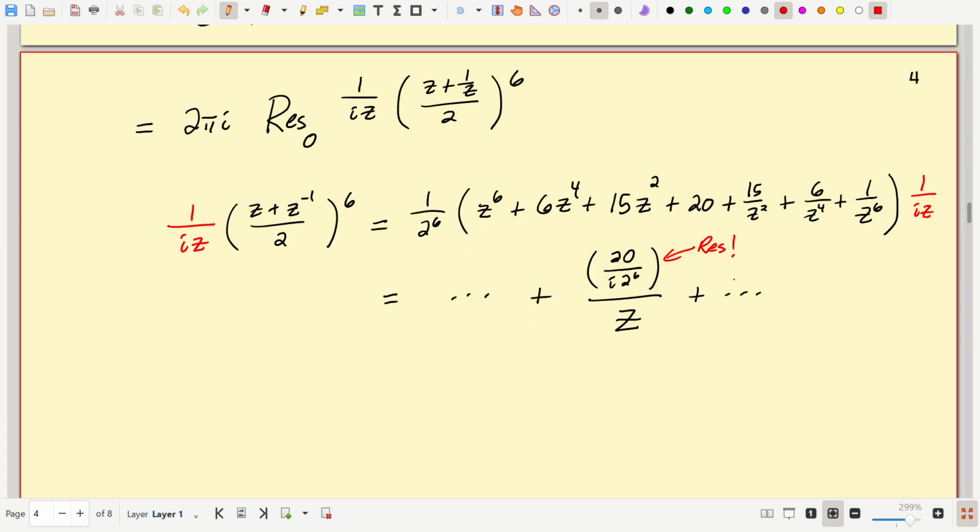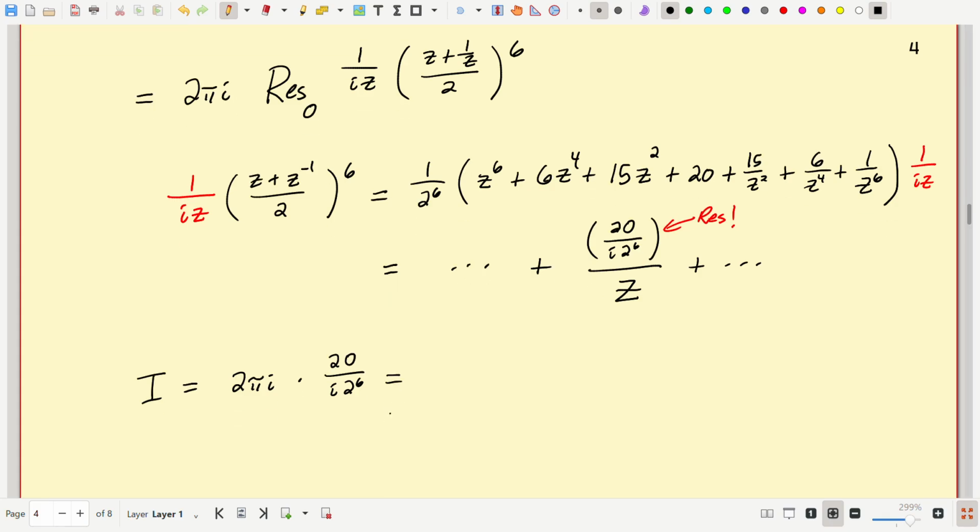And I get my answer here. The integral is 2 pi i times the residue, which is 20 over i times 2 to the 6th. The i's cancel. You expect that because this has got to be a real thing when we're done. And so that's a way to check your work sometimes.